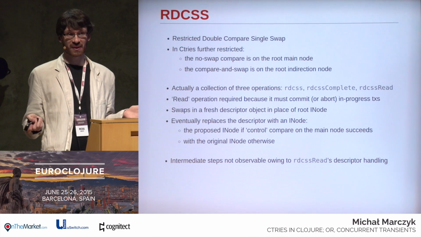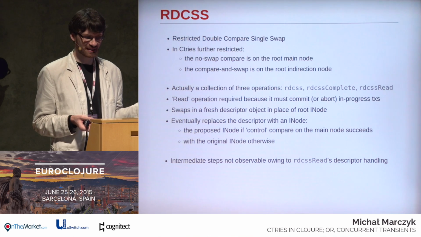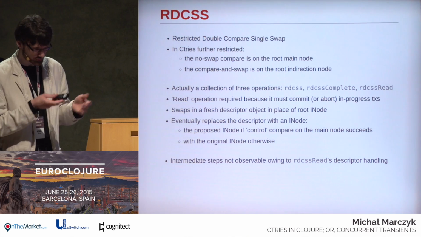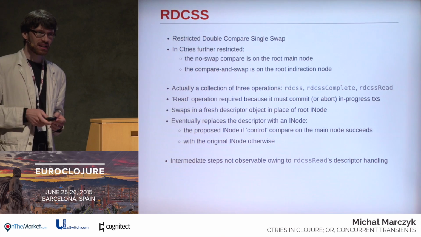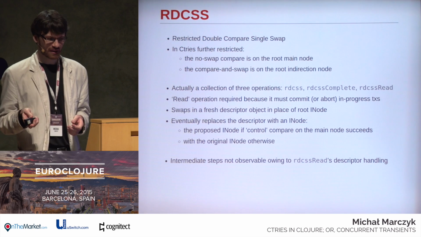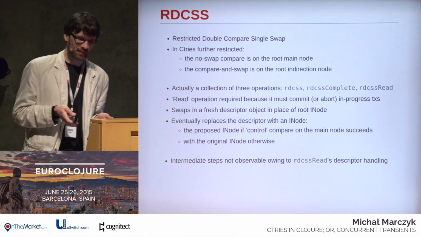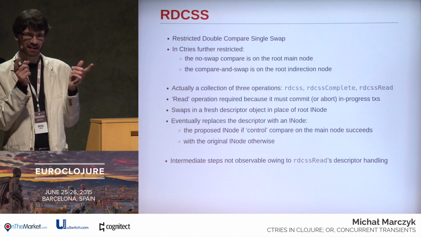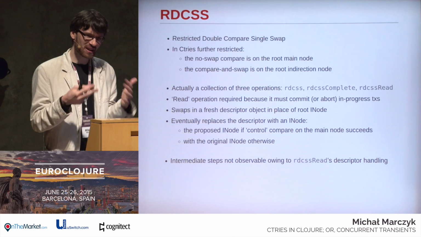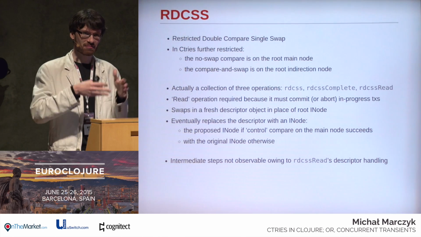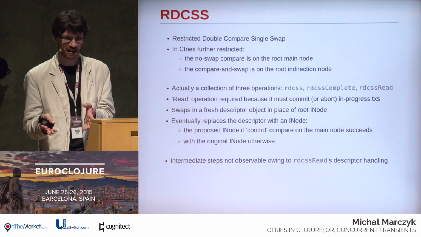As I said, there are two, and RDCSS is the more immediately understandable, the more basic one. The name stands for restricted double compare single swap. And it's restricted in two ways. The first way is that the arguments need to come in a certain distinguished order. But I suppose the main way is that it requires memory to be partitioned into a control section and a data section.